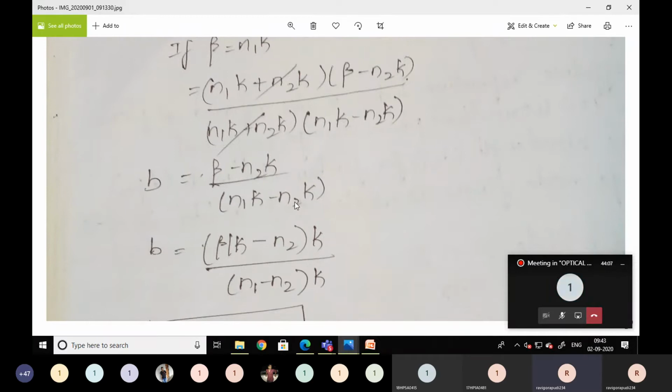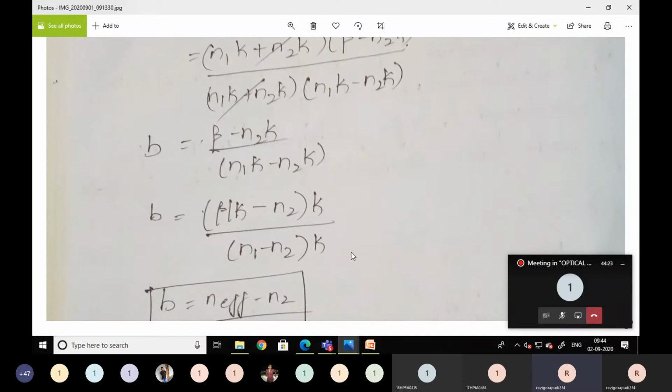In the numerator and denominator I am taking k common. Then we get k into beta by k minus n2 by k into n1 minus n2. K gets cancelled. Then we get beta by k minus n2 by n1 minus n2.